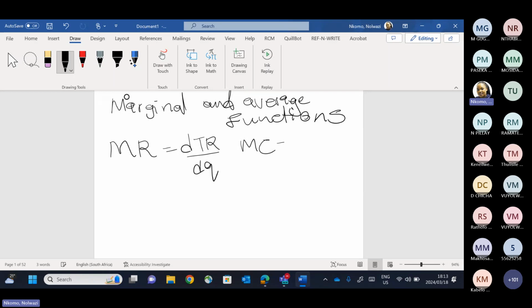Marginal cost is equal to the derivative with respect to Q of the total cost. First, we have equation 1. It says the rate at which the total revenue changes will give us the marginal revenue. Then equation 2 means the rate of change of the total cost will give us the marginal cost.